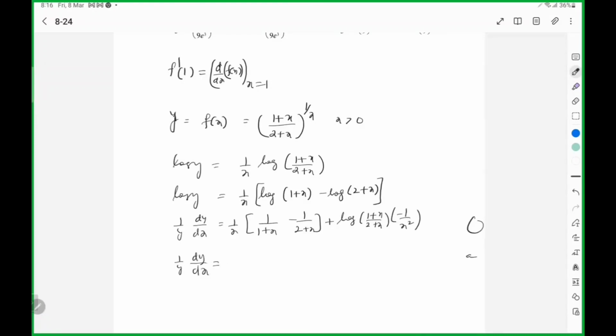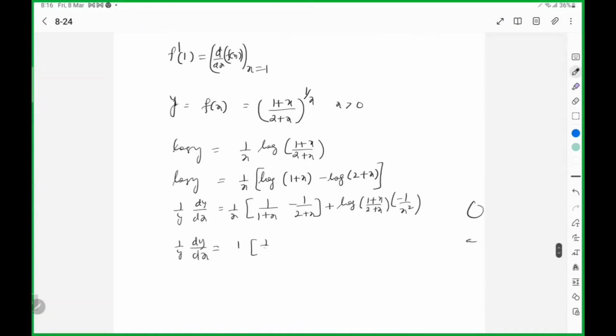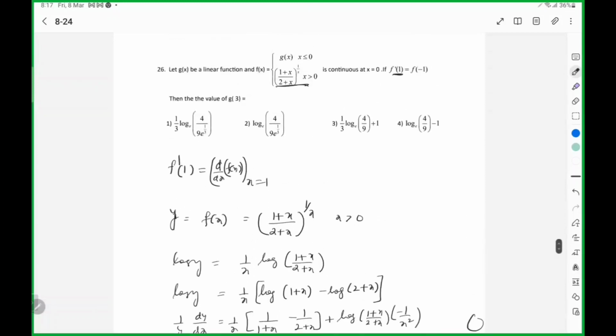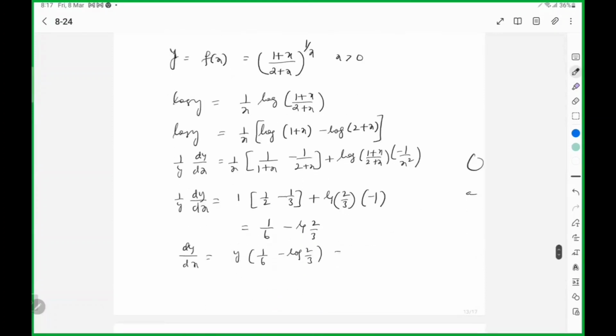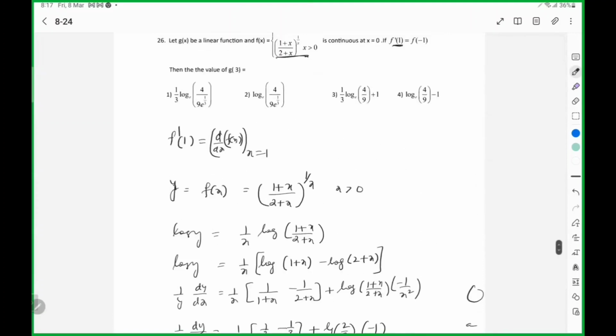So dy by dx at 1, log 2 by 3, so which is 1 by 6 minus log 2 by 3. dy by dx is y here, at 1, f of 1 into 1 by 6 minus log 2 by 3.